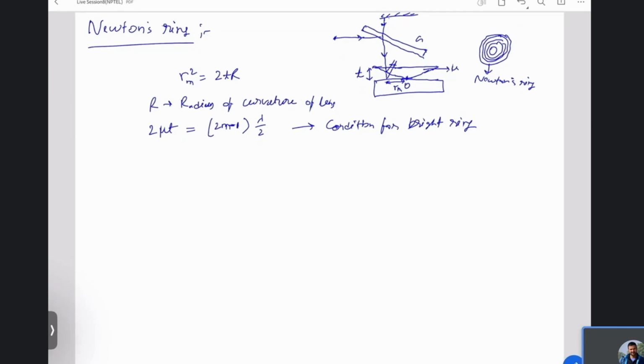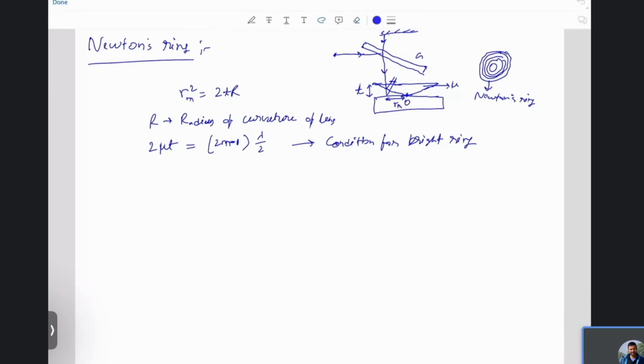So basically you have to take a glass plate, and then you have to use a plano-convex lens, and you shine a light on it.